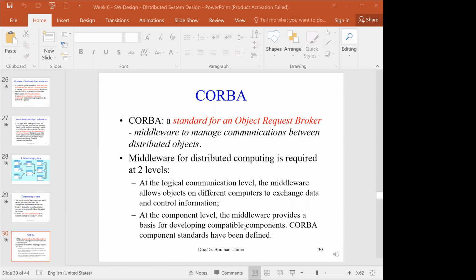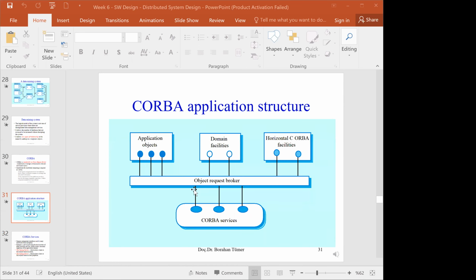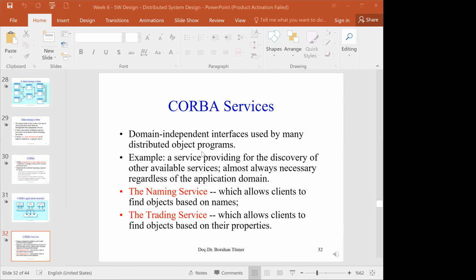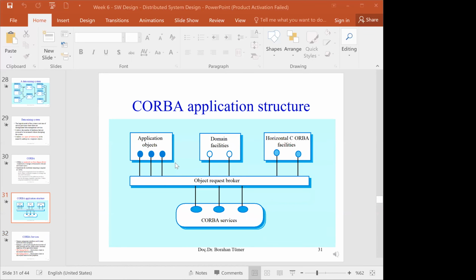Corba components have been defined by OMG, Object Management Group.